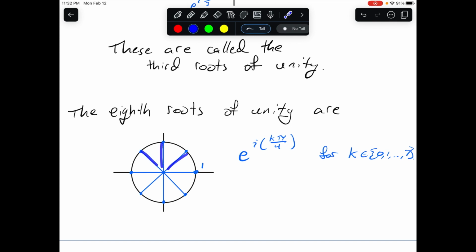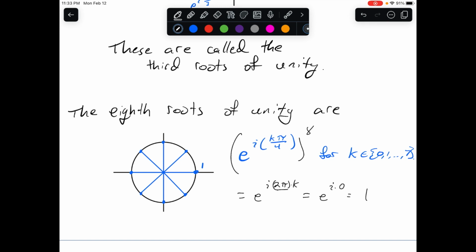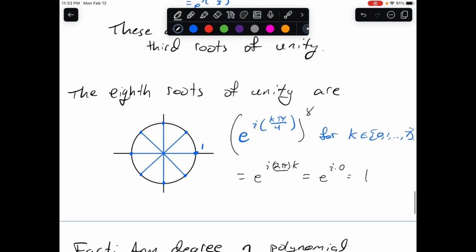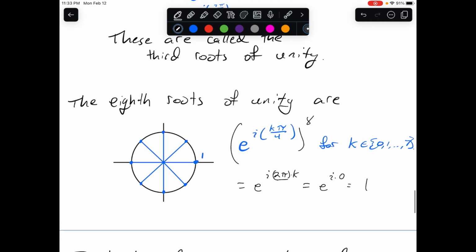If you were to take any of these and raise it to the power of 8, you would end up multiplying this angle by 8, and you get e to the i times 8 over 4 cancels to just 2, so you get 2 pi times k. And like we said before, multiples of 2 pi are really just an angle of 0. And so you just get 1. So those are your 8th roots of unity.